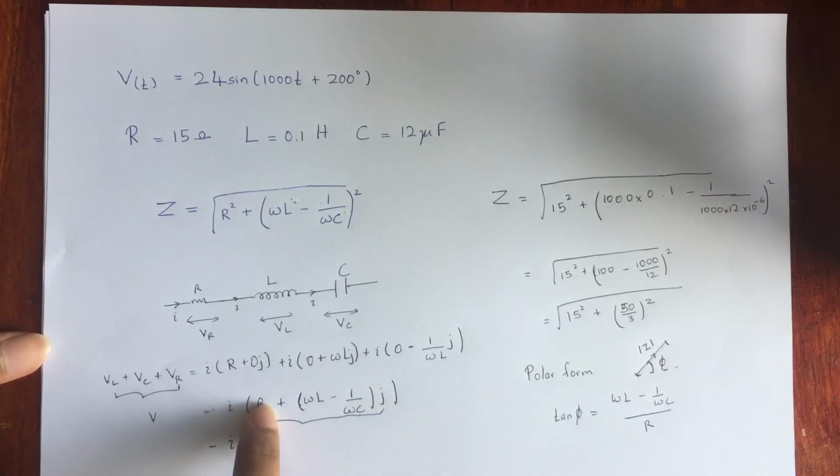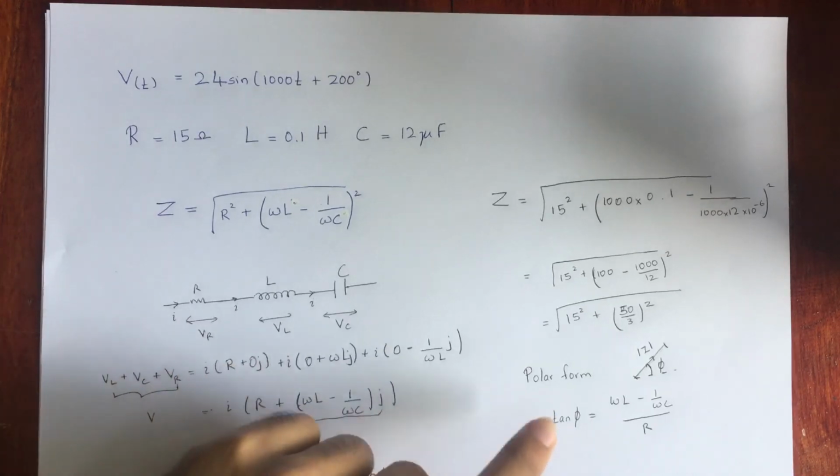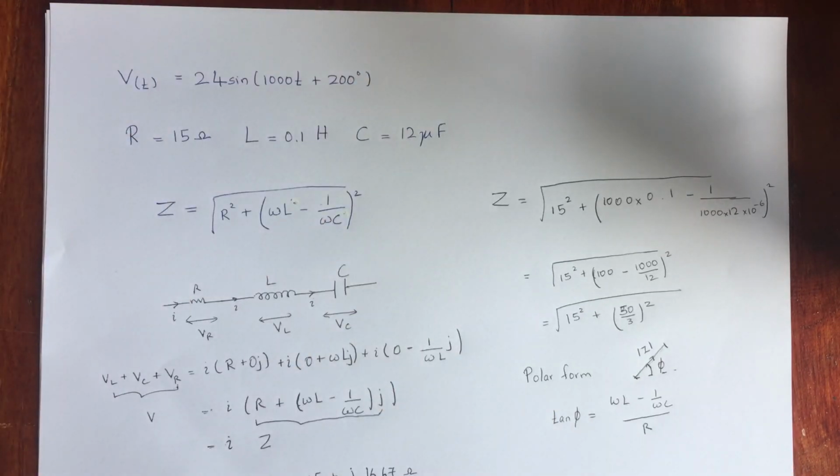The R, the real part, is going to be 15, and the other part is omega L, 1000 into the L part, which is 0.1. If you substitute this, you are going to get Z equals 15 plus J into 16.67 ohm. Likewise, you can solve this part and get the answer. Otherwise, you can directly use the calculator and get the answer easily.